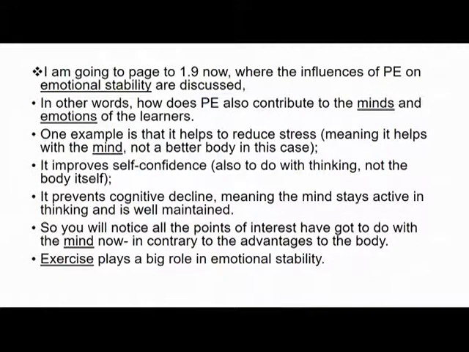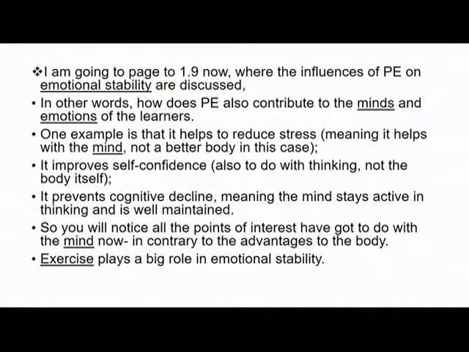I'm going to page 1.9 now, where the influences of PE on emotional stability are discussed. In other words, how does PE also contribute to the minds and emotions of the learners? One example is that it helps to reduce stress, meaning it helps with the mind, not a better body in this case. It improves self-confidence, which is also to do with thinking, not the body itself.